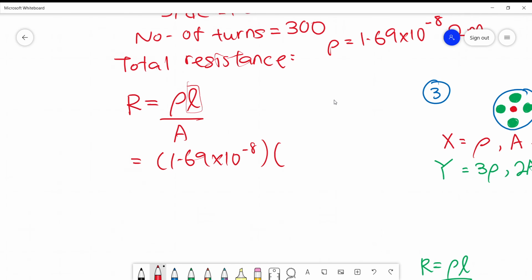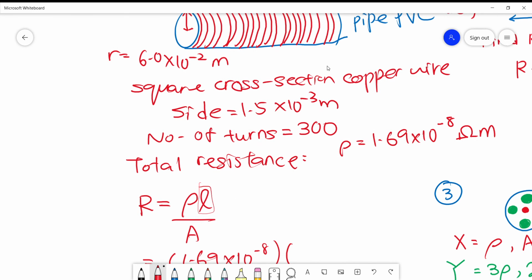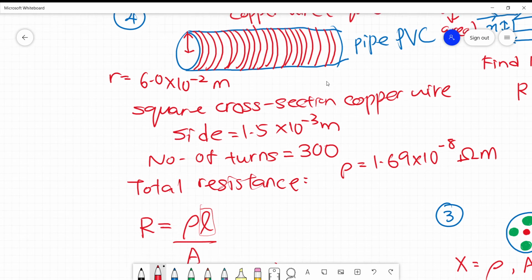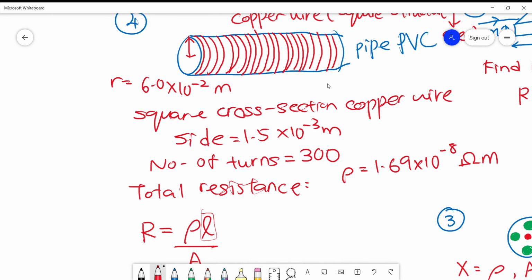If we observe from the diagram here, the copper wire initially is in the form of a straight line. This straight line is allowed to surround the PVC pipe.